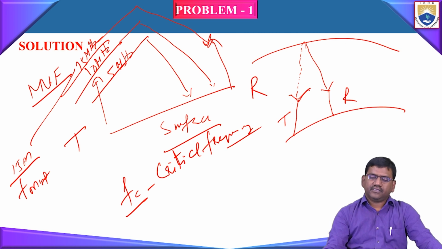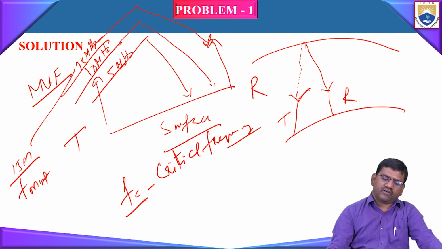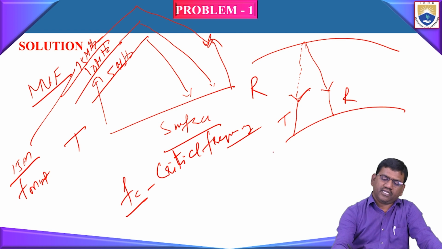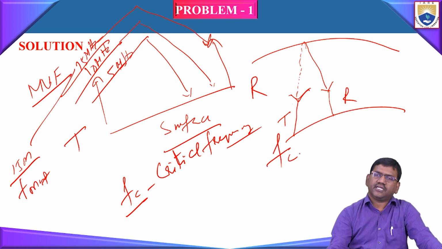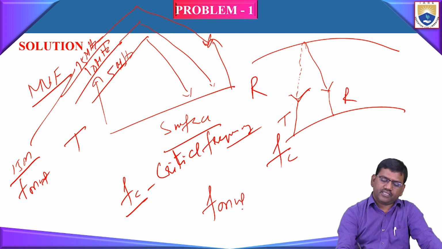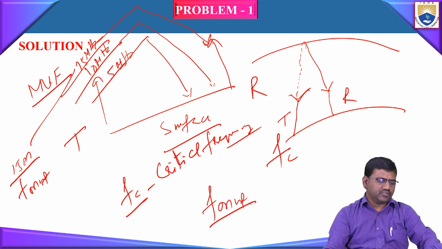Here the highest frequency at which a wave is returned to the Earth at vertical incidence, we call it the critical frequency. At what frequency we need to transmit for a wave to return to the Earth, we call it the critical frequency, which is denoted by the symbol Fc, and FMUF is nothing but the maximum usable frequency.